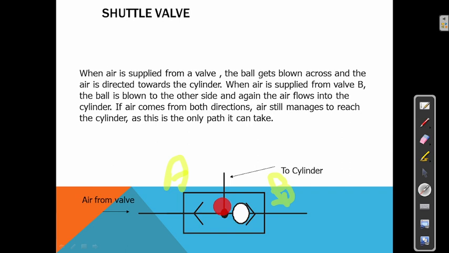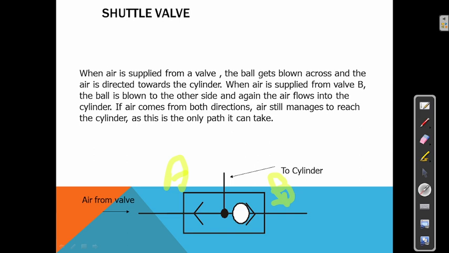Where will the ball go? That is the main advantage of this shuttle valve. If the air comes from both directions, the air still manages to reach the cylinder, as this is the only path it can take.